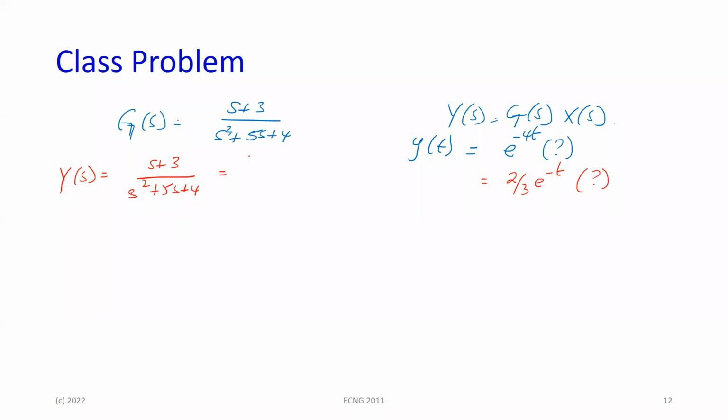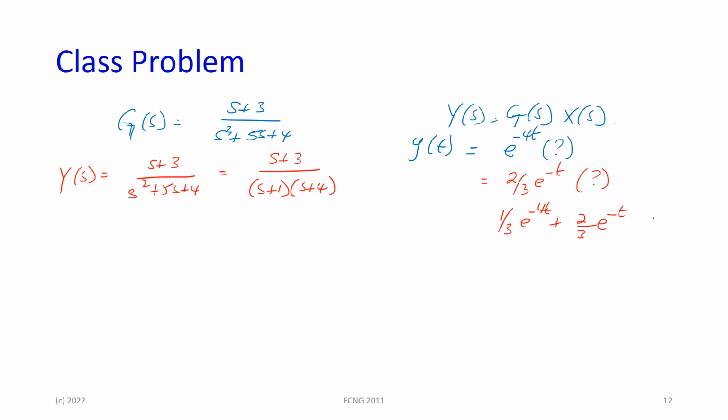Okay, so if Y(s) is this, it's (s plus 3) over (s plus 1)(s plus 4). It's 1/3 e to the minus 4t plus 2/3 e to the minus t.